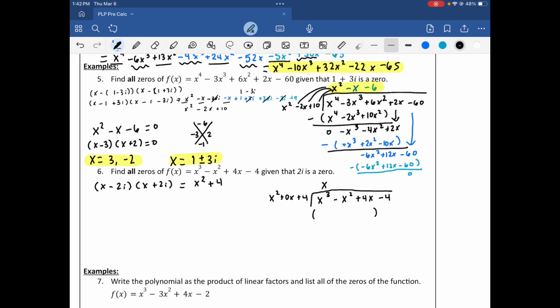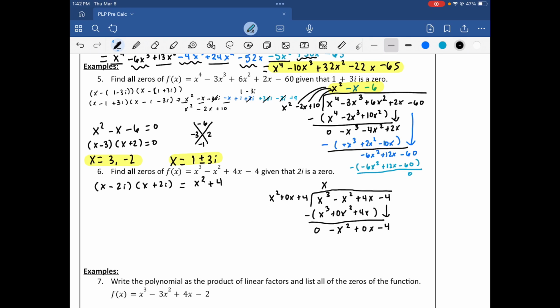Do my subtraction, or actually do the multiplication first. So we've got x cubed minus x cubed. That gives me 0. Negative x squared minus 0x squared just gives me negative x squared. Plus 4x minus 4x gives me 0 x's.